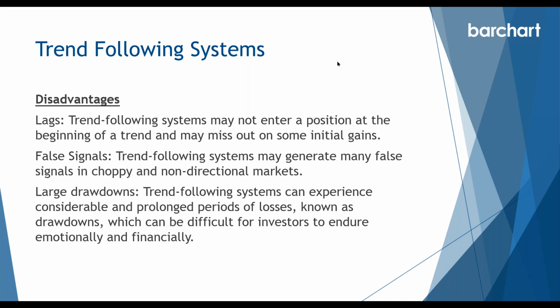Trend following systems can experience considerable and long periods of losses, and this is known as a drawdown. Now, for some traders, this can be very difficult, personally on the emotional side, but also on the financial side. Unfortunately, there's no way to mitigate this risk without some type of risk management, which means that we might stop ourselves out of a trade just before that trade becomes profitable.